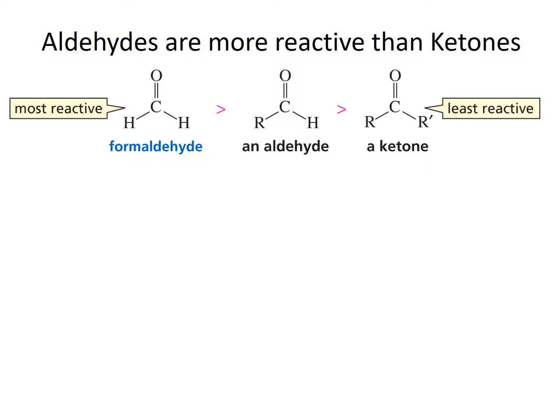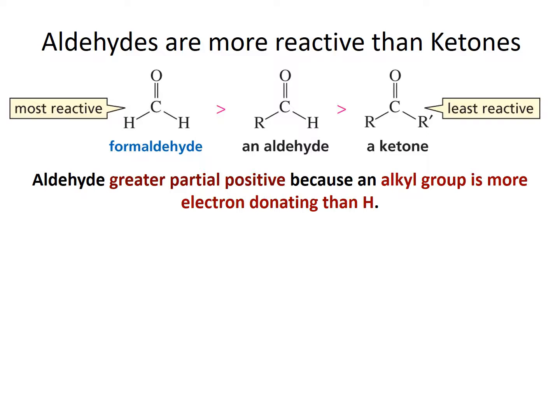So if we know that the CO bond is creating a partial positive charge on the carbon, having 2 carbon groups, R and R prime, versus an R and a hydrogen, is going to be more preferred. So there's going to be a greater partial positive charge on an aldehyde carbon because it doesn't have 2 carbons to help stabilize that positive charge.